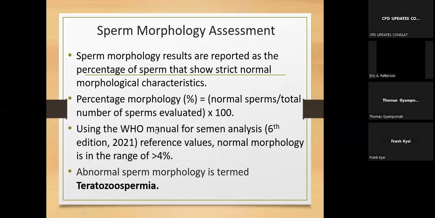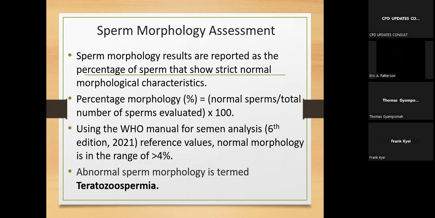So once you have established all the characteristics and determined which ones are normal, you take the normal ones over the total number of sperm that you saw, multiply by 100, and that becomes your morphology. And when you apply the strict criteria, even 4% is normal, because now you have taken the best out of the best, and therefore 4% is considered normal.